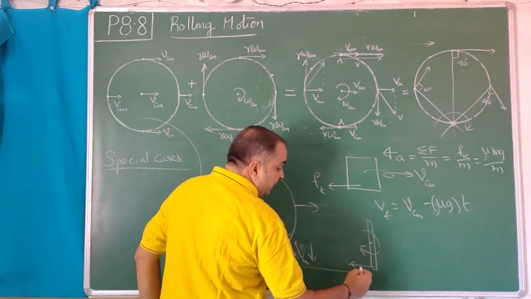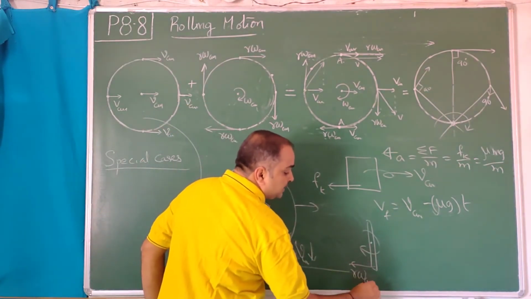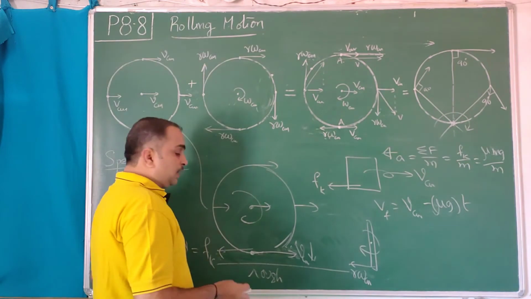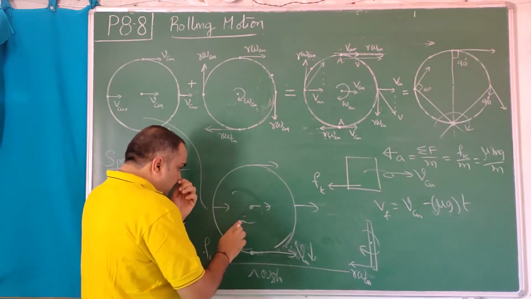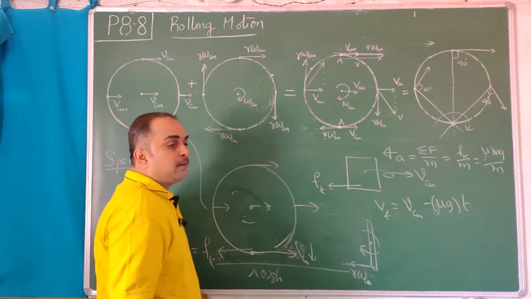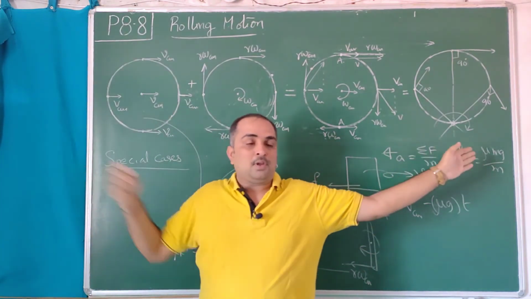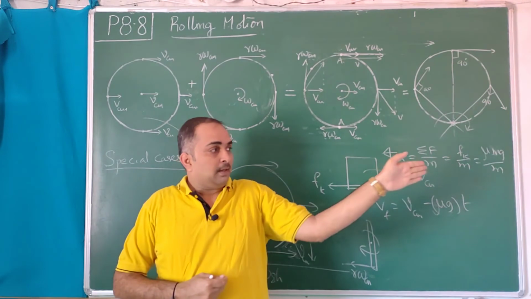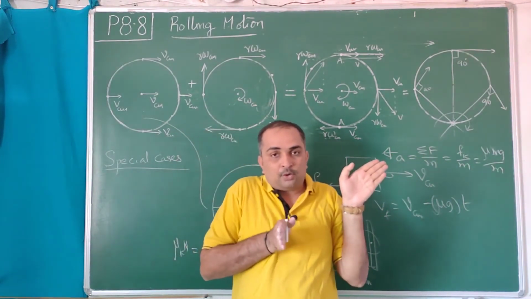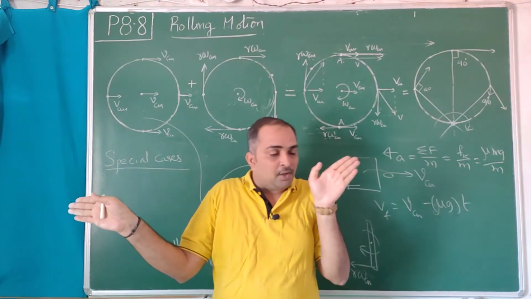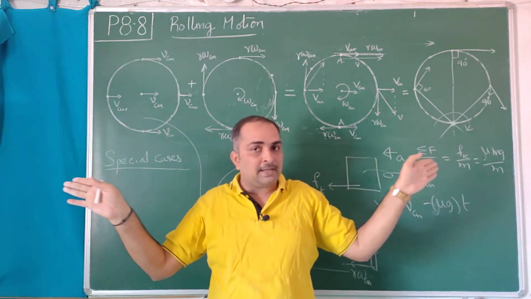So when the angular velocity increases, r omega cm increases, which was 0. When it is translating, there was no rotation. Now that rotation starts increasing, a stage will come. See here, this is Vcm: 10, 9, 8, 7, 6, 5, 4, 3, 2, 1. This is decreasing. This is 0, then 1, 2, 3, 4, 5, 6. It is increasing. So a stage will come where the decreasing and increasing values come together.